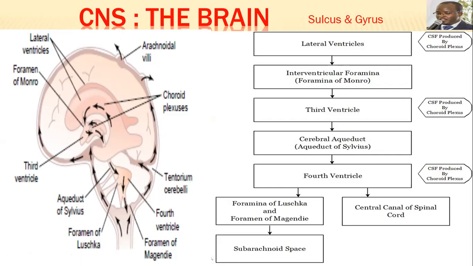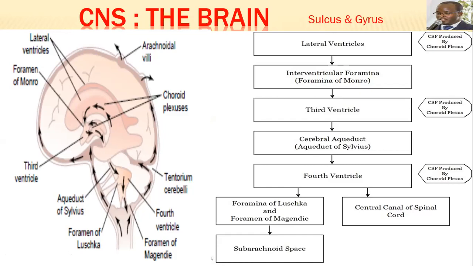But sometimes you can have blockage of these foramen. For instance, if you have blockage of the aqueduct of Sylvius, you'll find that there will be accumulation of cerebrospinal fluid within the lateral ventricles and the third ventricle. There will be accumulation of fluid so much that it will become big. That will result in a condition called hydrocephalus, due to the blockade of certain foramen.